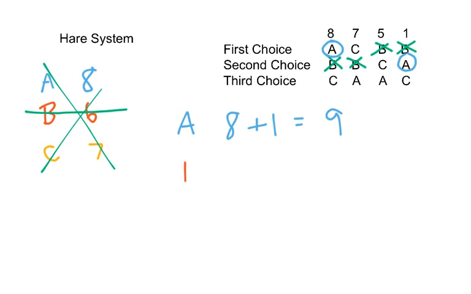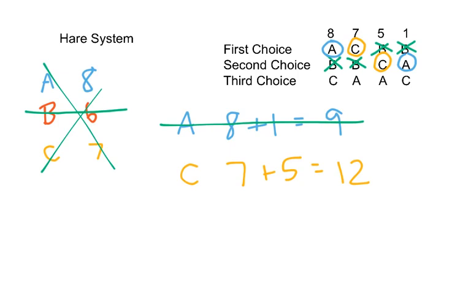Now let's take a look at candidate C. These people have given 7 first place votes to candidate C, and now that B is gone, these 5 votes go to candidate C. Candidate C winds up with 12 first place votes. So now candidate A is eliminated. There's only 1 candidate left, and that candidate, C, is our winner.